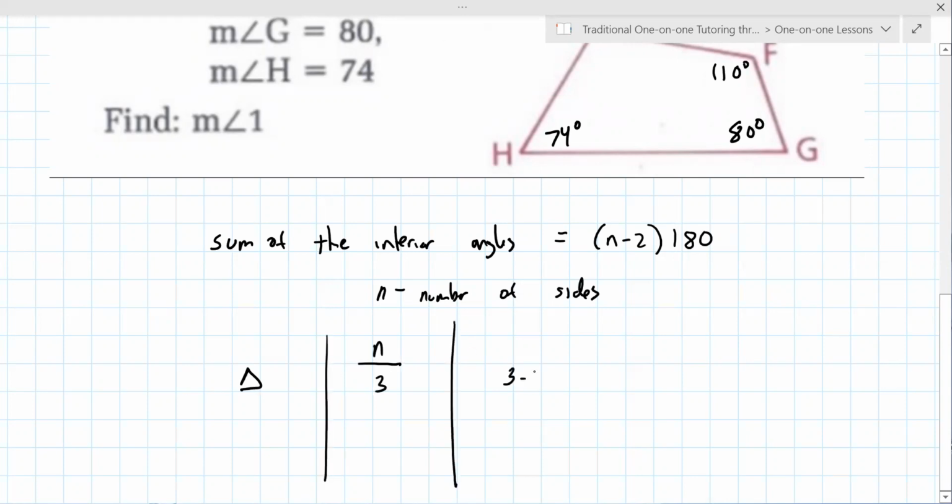So 3 minus 2 times 180 equals 180. That's how we figured it out. Now in a quadrilateral like we've got here, sorry, this is not drawn like that, your n is 4. So it's 4 minus 2 times 180, which is 360. So you definitely want to know this formula.